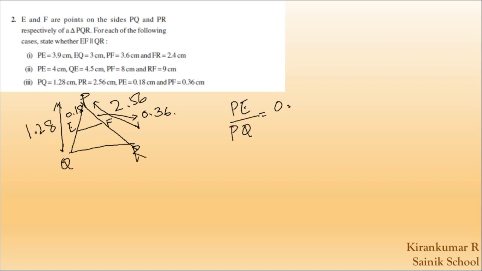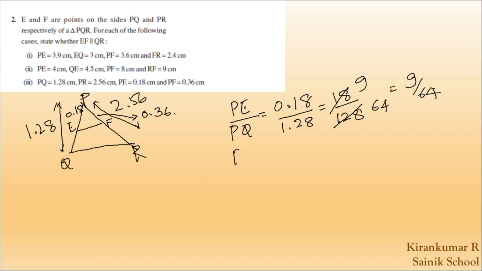If I consider the ratio PE upon PQ, this will be 0.18 divided by 1.28. I can shift the decimals, it becomes 18 by 128, 2 nines, 2 sixty-fours. So it is 9 upon 64.